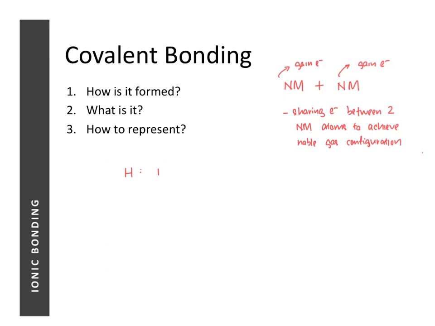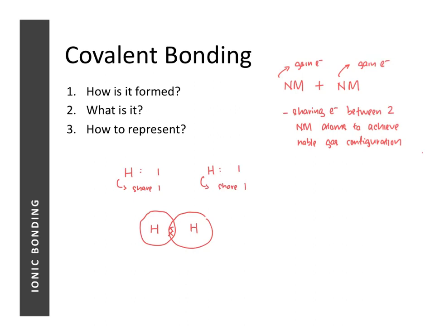But it can actually combine with another atom of hydrogen. One hydrogen atom needs to share one, the other hydrogen atom needs to share one. So how can they share so that both are equally happy? They will share one each.